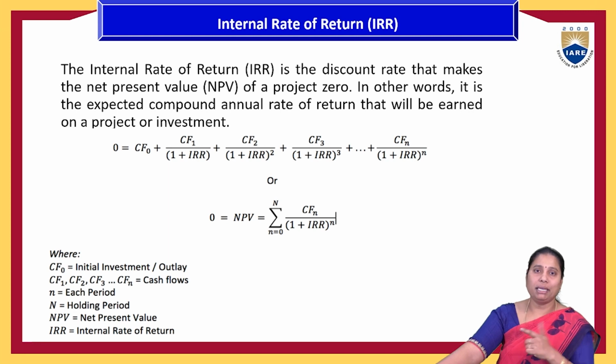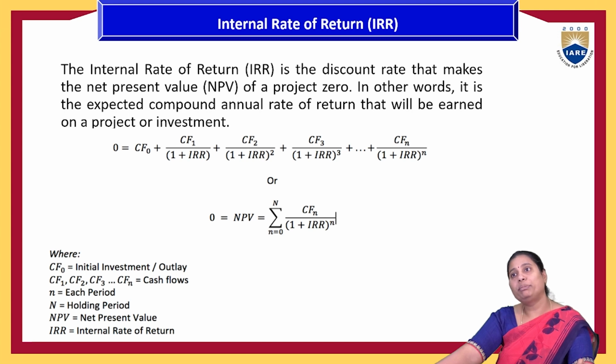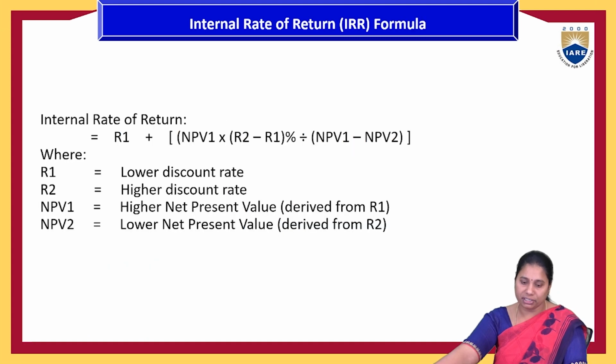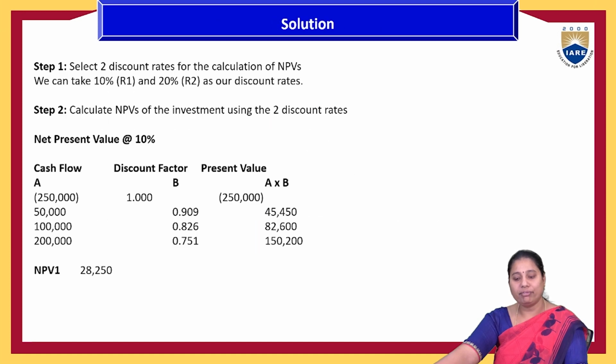Here in NPV we have calculated the present values for a given rate of return, but there is a rate at which the NPV becomes 0, and that rate becomes the break-even rate of return for the organization. That calculation of the break-even return is called the internal rate of return, which can be calculated with the help of the given problems.